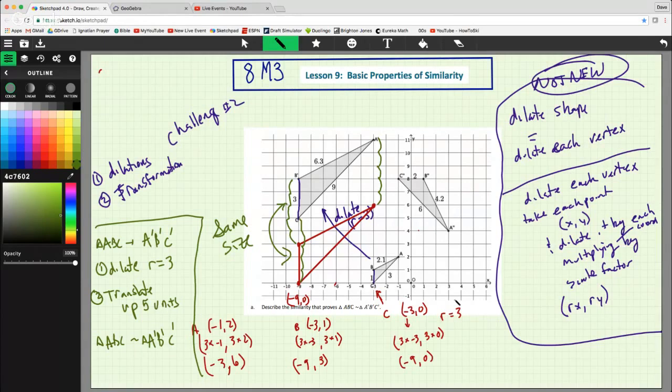So let's go over to GeoGebra. And remember, the key is we're going to take this first triangle here and we're going to dilate it, and then we're going to do some transformations to get to our second triangle.